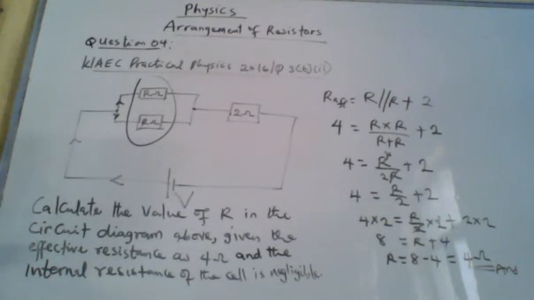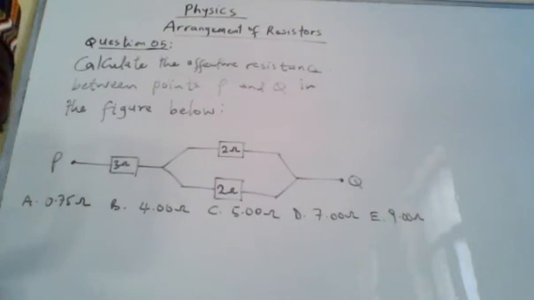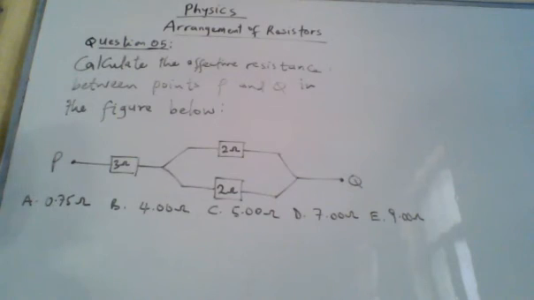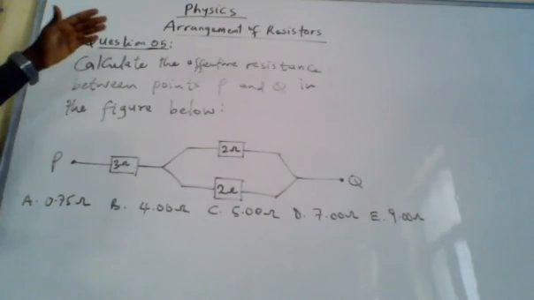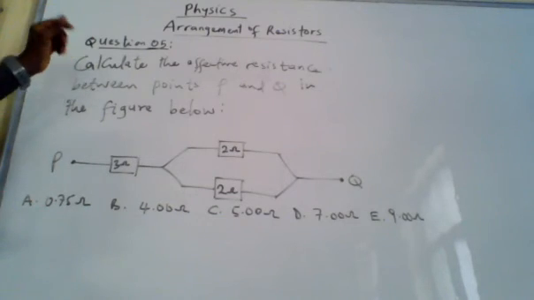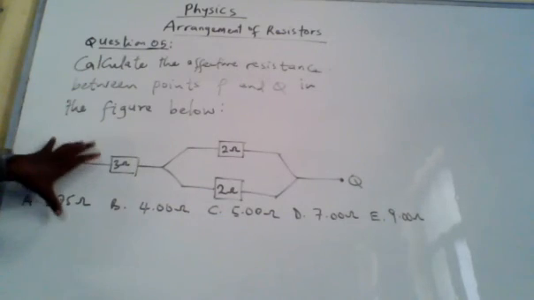Alright, good. And we are moving to the last question of the day. By God's grace, this is going to be the last question of today. Let's calculate the effective resistance between 2 points P and Q in this circuit diagram below.